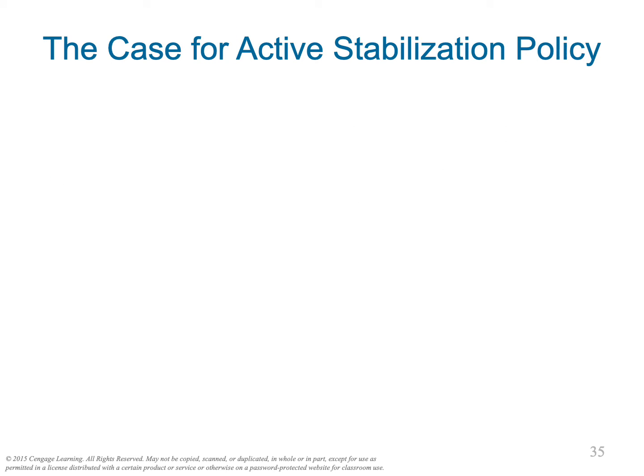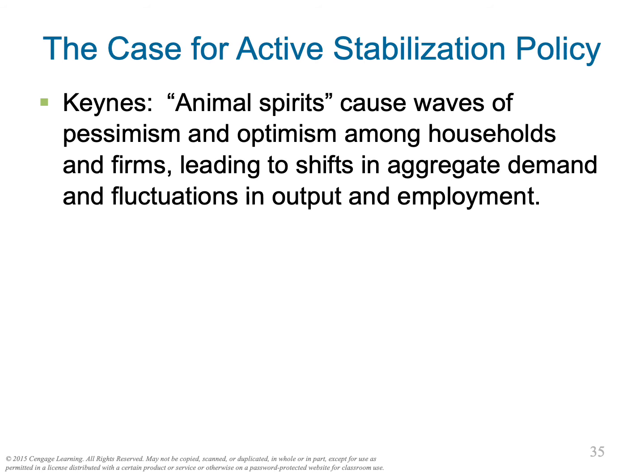So first we'll talk about arguments for active stabilization. And this is mainly coming from that guy Keynes that we learned about last time in the last chapter. So Keynes argued that people are prone to animal spirits.